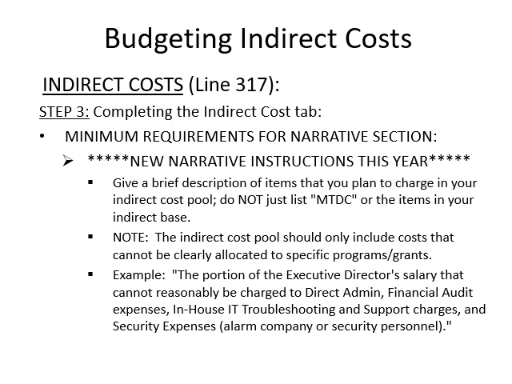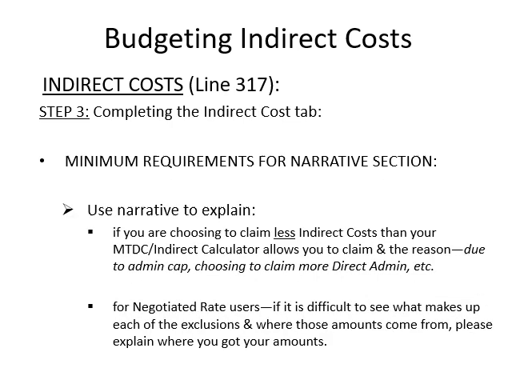Those are all reasonable costs that could be included in the indirect cost pool. But if there is something that is readily identifiable as a direct cost to a particular program or grant, it cannot be included in the indirect cost pool. So we want you to give a description of what kind of costs you intend on including in the indirect cost pool.